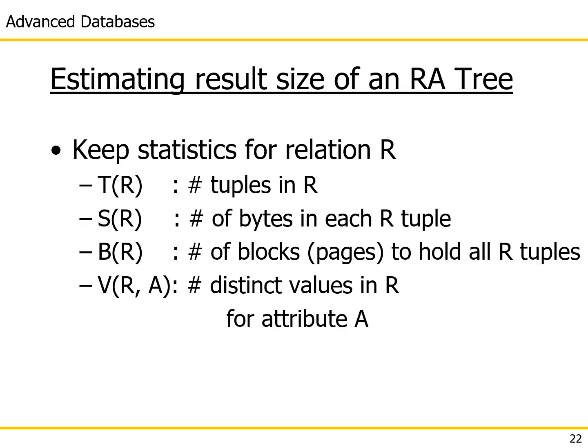So if you have an employee table that's stored in 50 pages on disk, B of employee is going to be 50. And very important, the number of distinct values that appear in every column, usually written as V(A, R): the number of unique values in column A in table R.